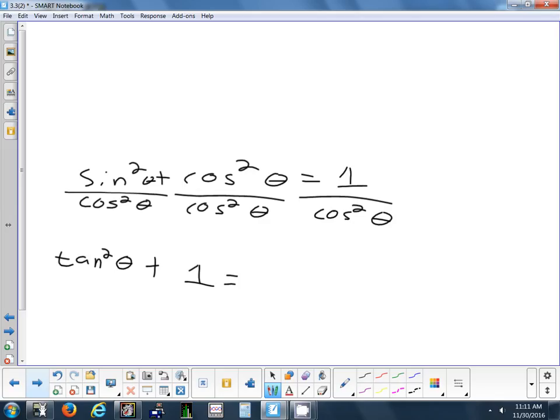And how about 1 over cosine squared? If you get stuck, just think what's 1 over cosine? 1 over cosine is secant. So what's 1 over cosine squared? Secant squared. And that is the third Pythagorean identity.